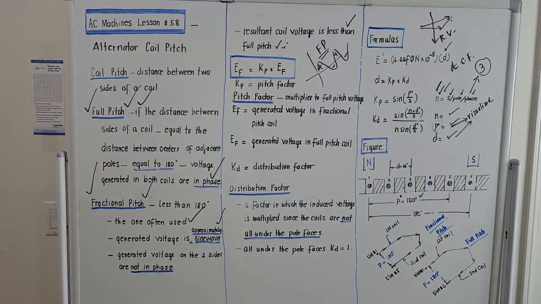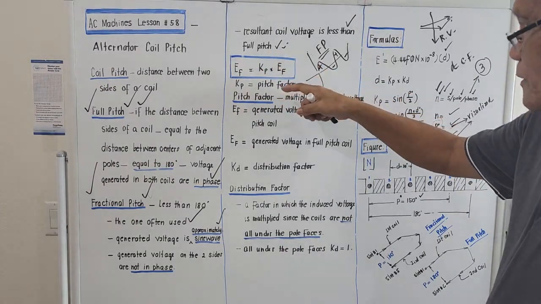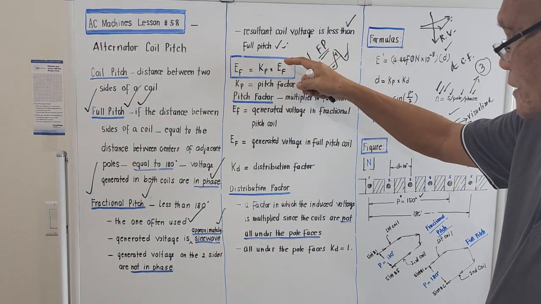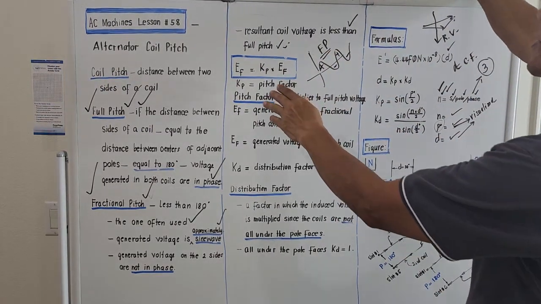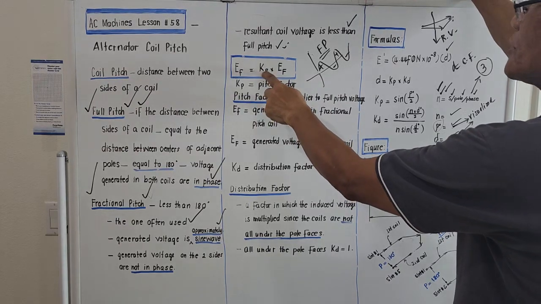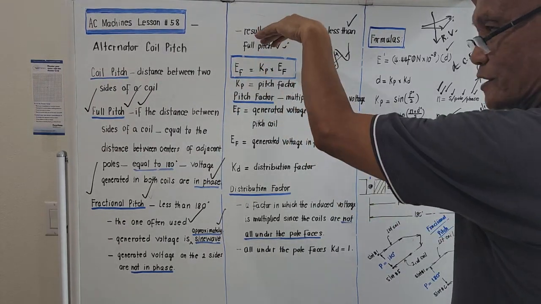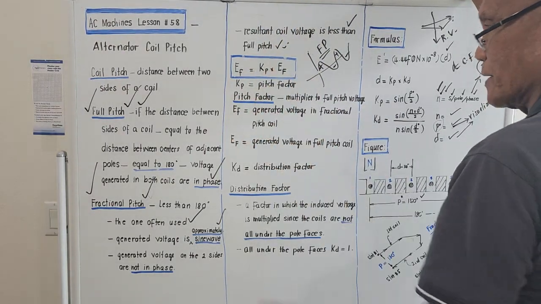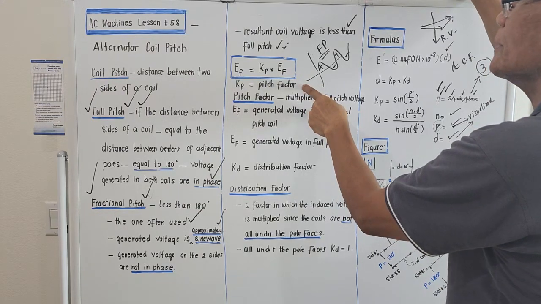Okay? Let's try to bring out the formula for the fractional pitch voltage. Fractional pitch voltage is the pitch factor times the voltage at full pitch. K sub P is not equal to 1, because if it were 1, they would be equal. So K sub P should always be less than 1, in which K with the subscript P is the pitch factor.